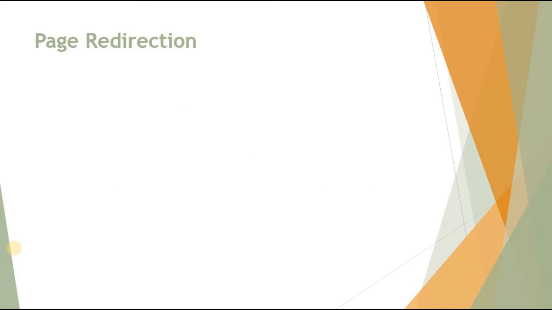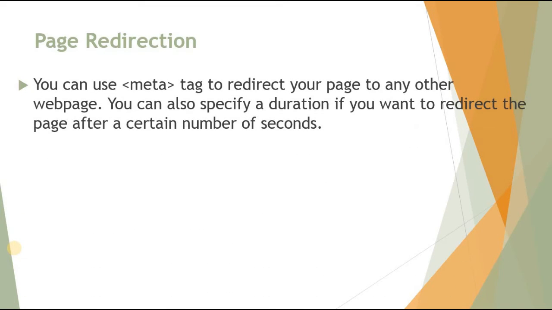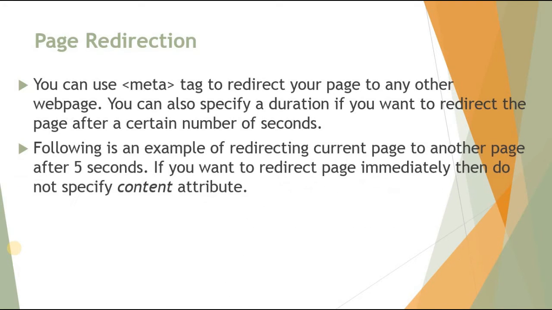Next, page redirection. You can use a meta tag to redirect your page to any other web page. You can also specify a duration if you want to redirect the page after a certain number of seconds. Following is an example of redirecting the current page to another page after 5 seconds.